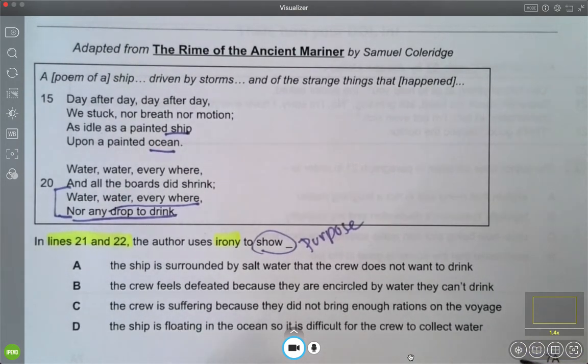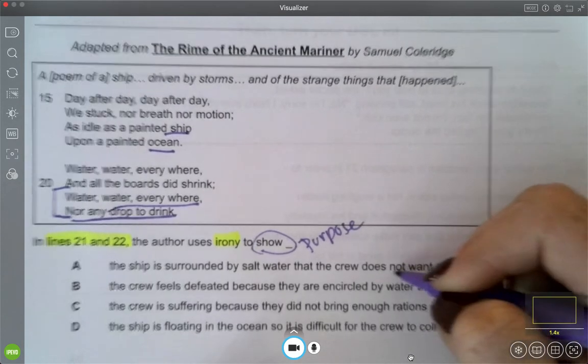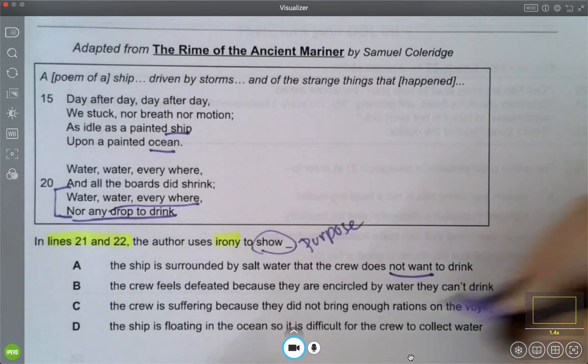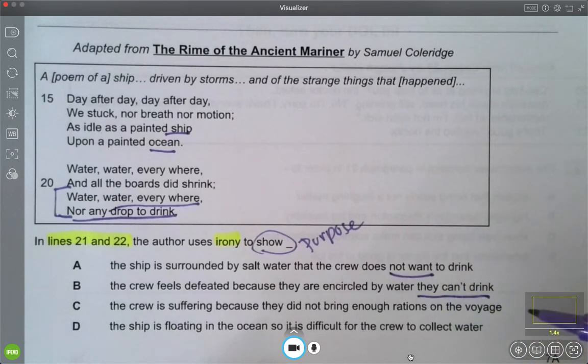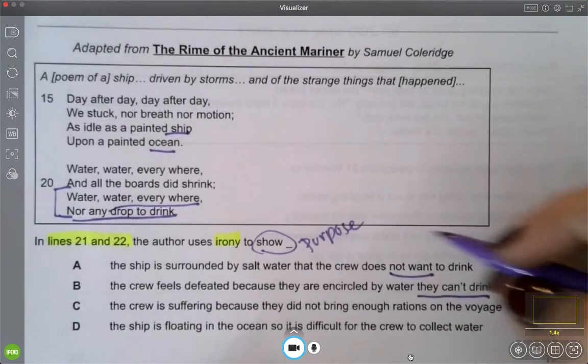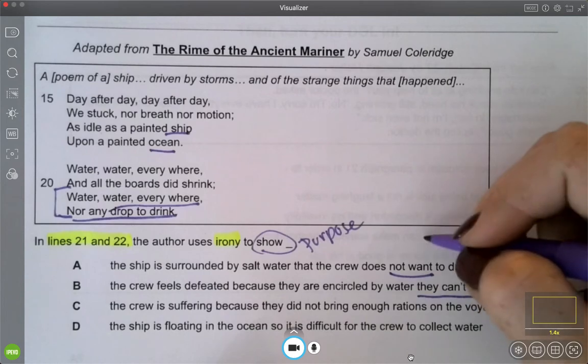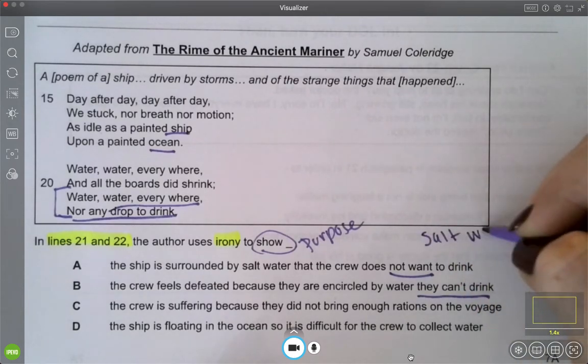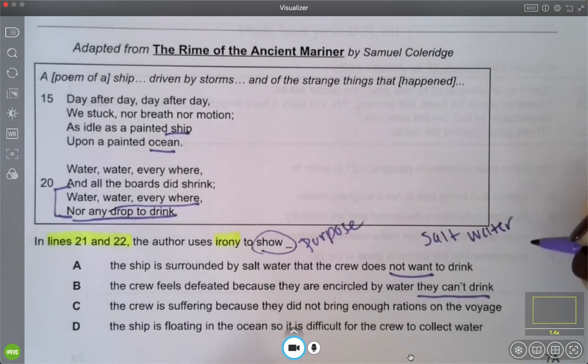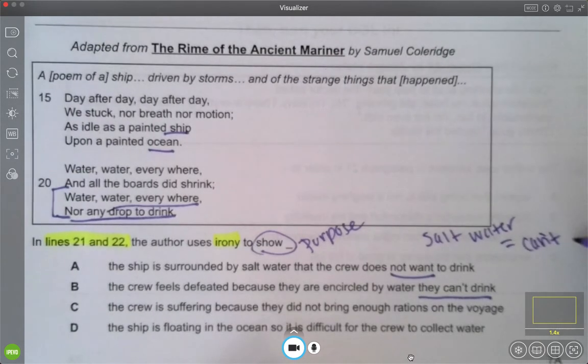Now, A and B seem really similar. A says the crew does not want to drink, and B says they can't drink. People cannot drink salt water, which is what the ocean is made of. So salt water is something we can't drink.